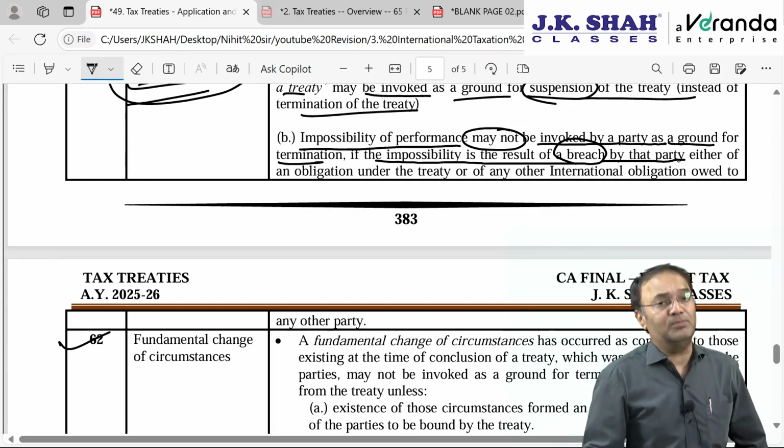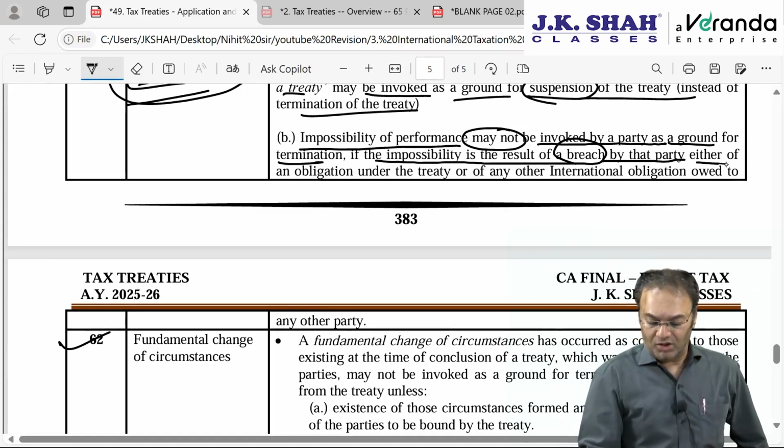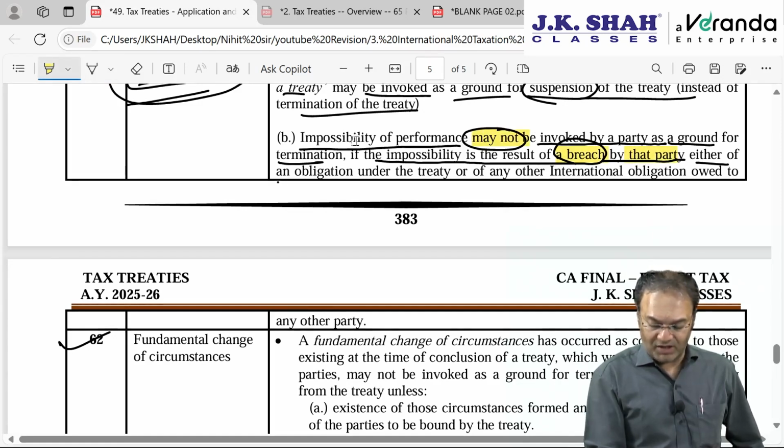By citing impossibility of performance as a reason, Pakistan cannot terminate it, if there is a breach by that party of either an obligation under the India-Pakistan treaty or of any international obligation owed to any third party.